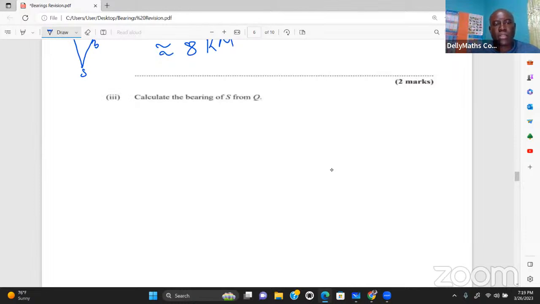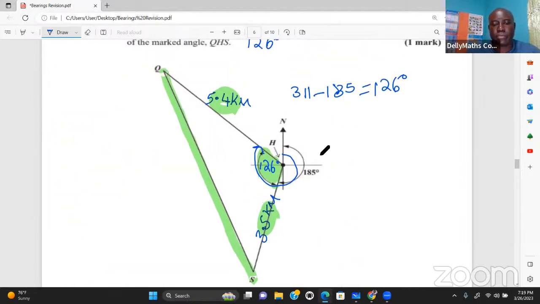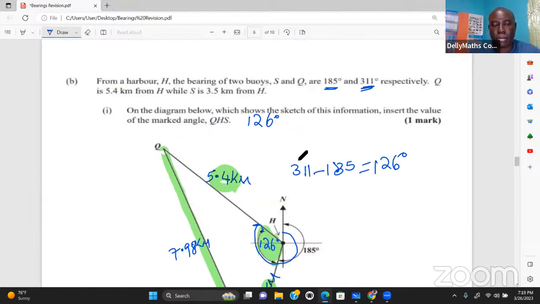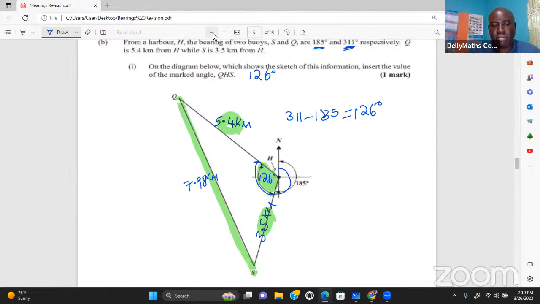All right, so the question went further. It says, calculate the bearing of S from Q. So we have to look at the bearing of S from Q. All right, let me minimize this so that we can see. All right, there it is.